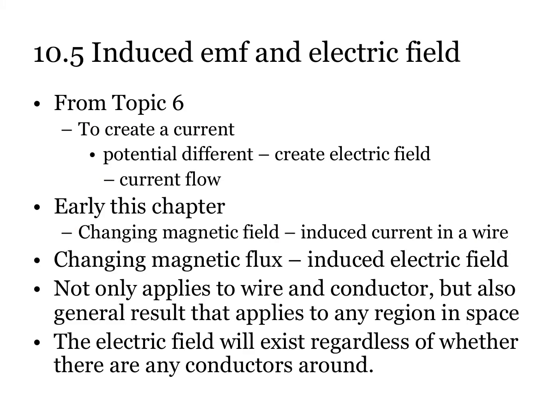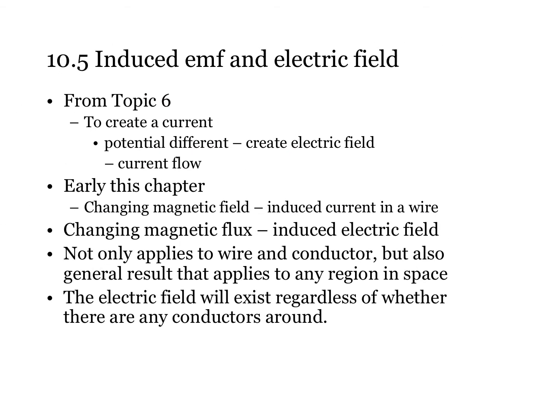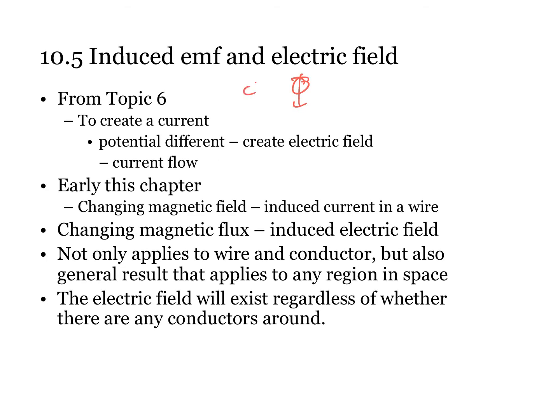Like I mentioned before, the change of the magnetic field, or more specifically the change of the magnetic flux, is going to produce an induced current, which means it is going to produce induced EMF.